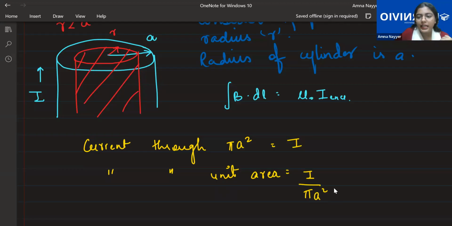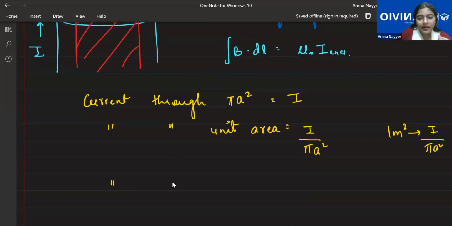Now see, we know for unit area. Unit area means in 1 meter square, you know how much current is flowing. It is I by pi a square. So what is the amount of current that you want now? You want the current through this Amperian loop, whose area is pi r square. So current through pi r square area will be, for 2 units, you already know.